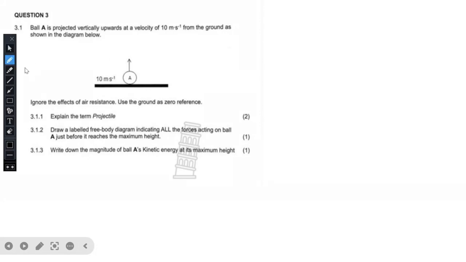So we know the definitions that we have to expect under VPM. It's either projectile or free fall. So make sure that you don't walk into the exam without knowing those two definitions. Okay, so what is a projectile?